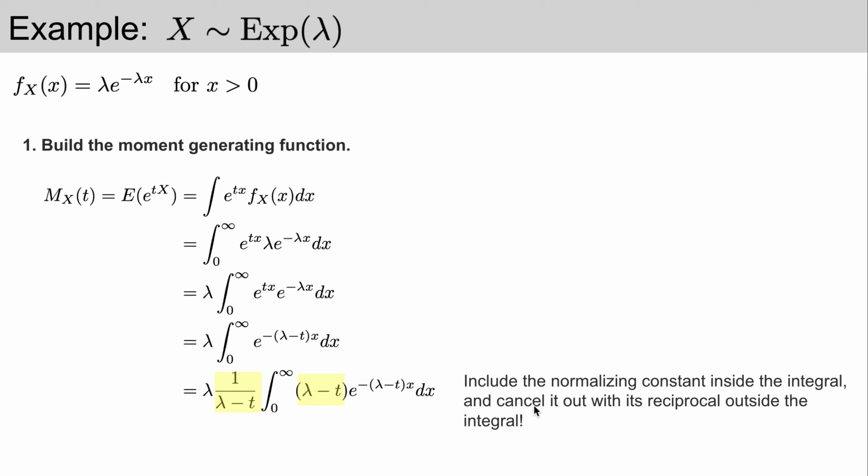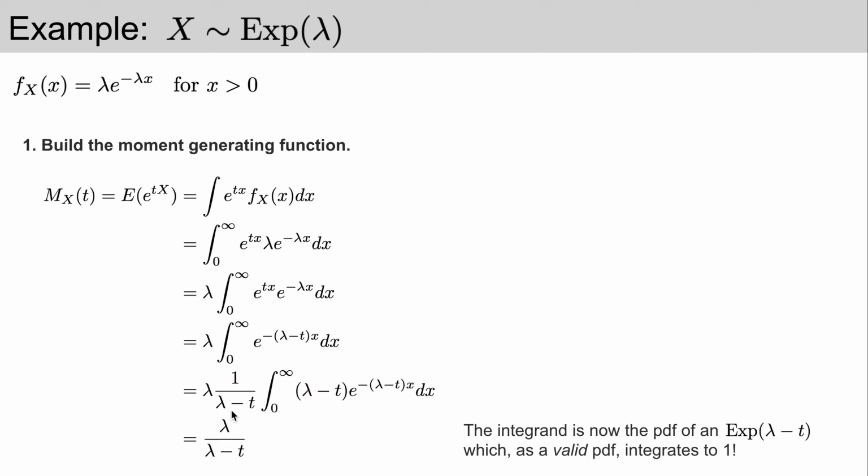Since a normalizing constant is just a constant, we can include the normalizing constant inside the integral and cancel it out with its reciprocal outside the integral. Thus, mathematically, we're just multiplying by 1, so not changing anything. The beauty of this technique is that the integrand is now exactly the PDF of an exponential model with rate lambda minus t.